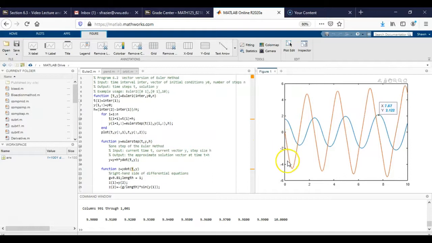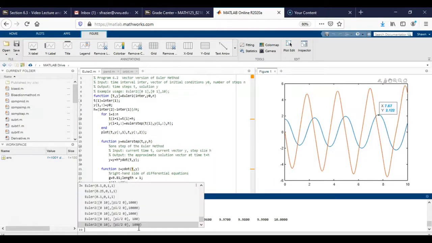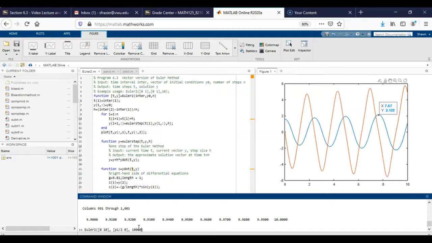You can see that the angular velocity of this red curve is also kind of increasing. The amplitude is increasing each time as well. So with 1,000 time steps, or h equal to 0.01, this is also not a very good solution. Let's do one more. Let's divide h by 10, so we add 10 times as many steps.